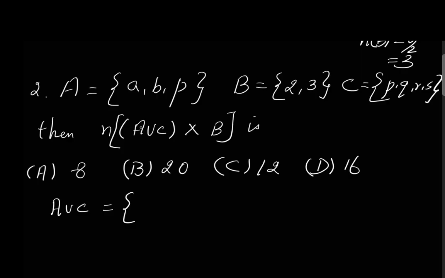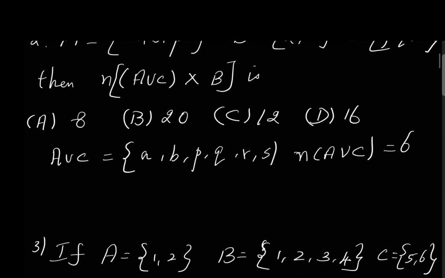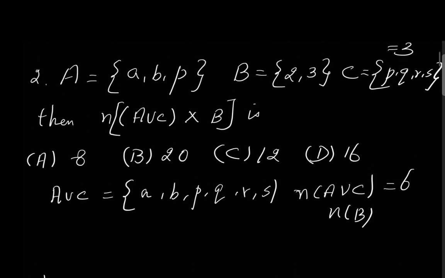A union C is the collection of elements from A and C. So from A: a, b, p. From C, p is repeated already, so write q, r, s. So n of A union C is 6 elements and n of B is 2 elements, as given.